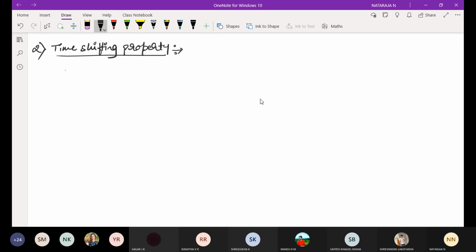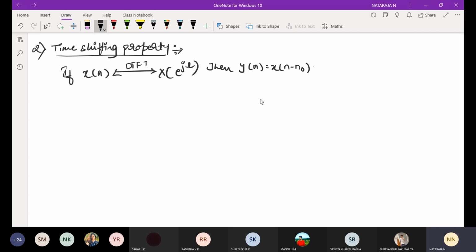If x of n has DTFT x of e power j omega, then y of n is equal to x of n minus n naught, and its DTFT y of e power j omega is equal to e power minus j omega n naught into x of e power j omega.